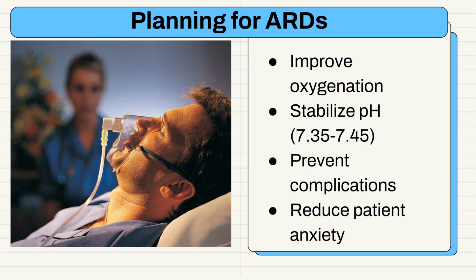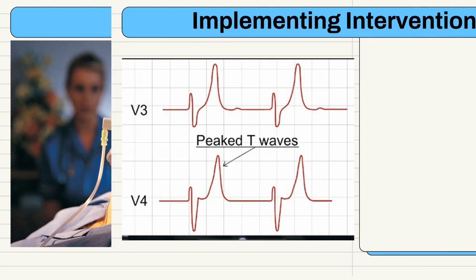In kids, preventing cardiac arrest is critical, since respiratory failure often precedes it. Prioritize measurable outcomes, like maintaining oxygen saturation above 95% or reducing partial pressure of carbon dioxide to 35 to 45 millimeters of mercury. For example, for our car accident patient, the plan includes optimizing lung expansion and monitoring for pneumothorax.